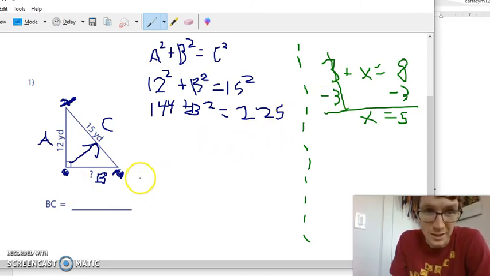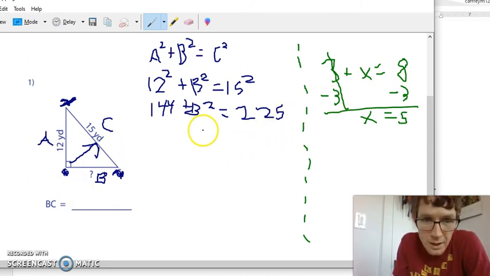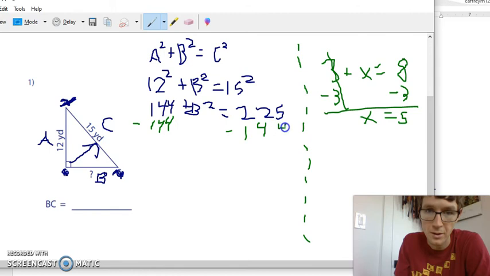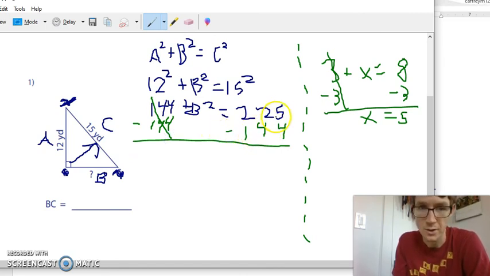So I'm going to do the same thing here. We've got 144 plus b squared equals 225. We want to get b squared by itself, so I'm going to subtract 144 from both sides. This cancels, 144 minus 144 is 0.